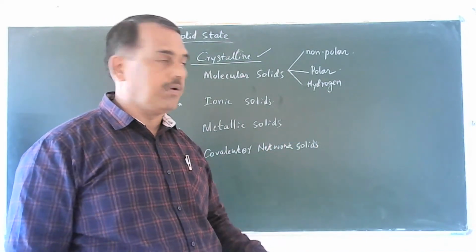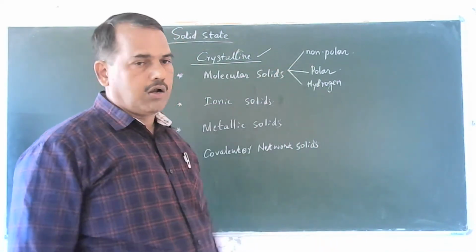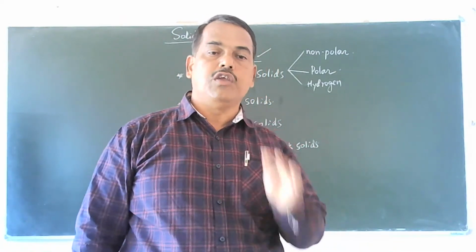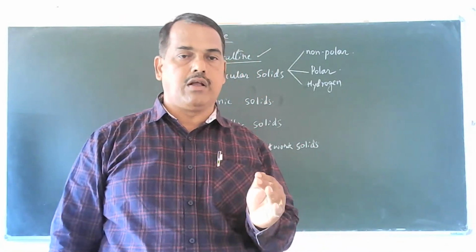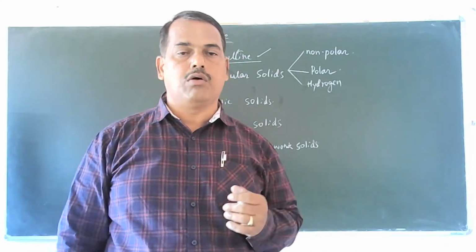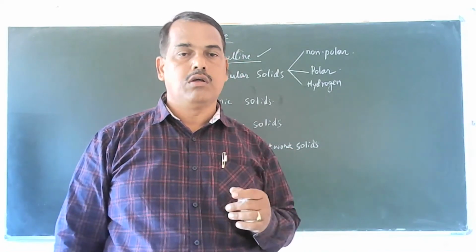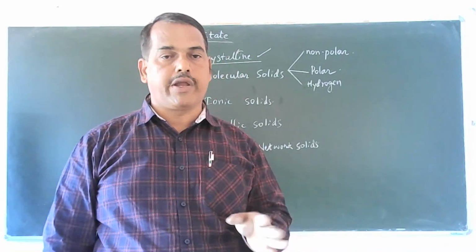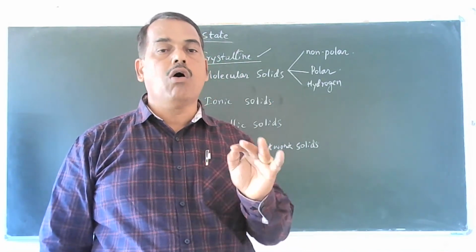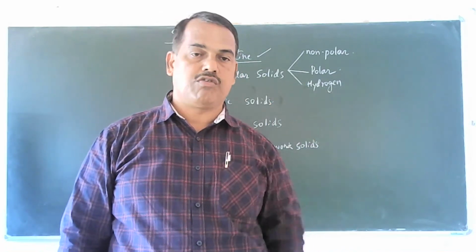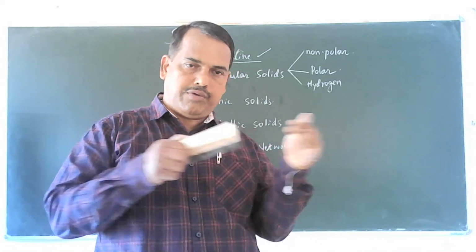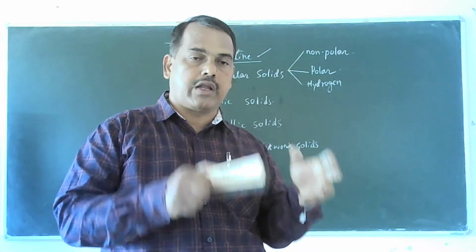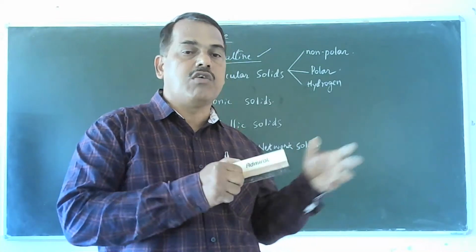See, non-polar, you studied in first PUC in chemical bonding. Non-polar molecules like helium, neon, argon, krypton, xenon, then again iodine, hydrogen, carbon tetrachloride, carbon dioxide, all these are non-polar molecules, due to the similarity, the same electronegativity characteristic.